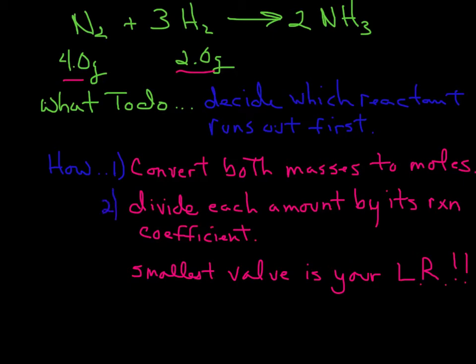The second thing that you do is you divide each mole amount by its reaction coefficient. So when I get my moles of hydrogen, I'm going to divide that number by 3. When I get my moles of nitrogen, I'm going to divide that by 1. The smallest value that I get is my limiting reactant. That's what's going to limit how long or how far this reaction goes.